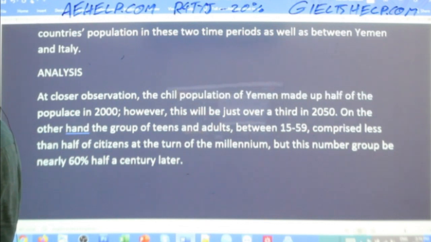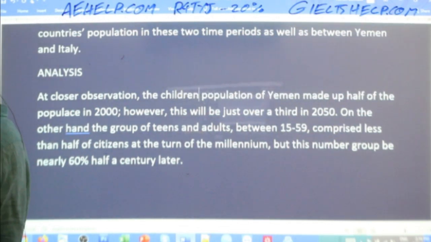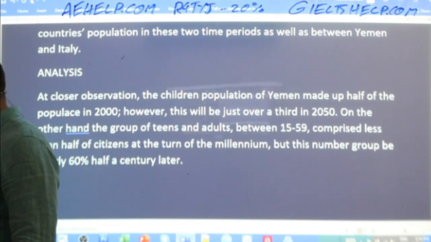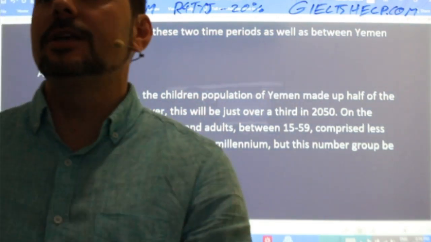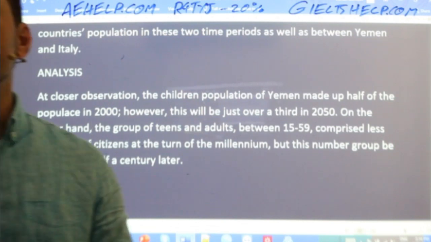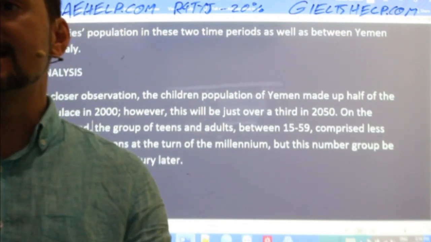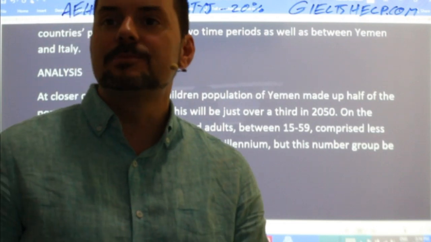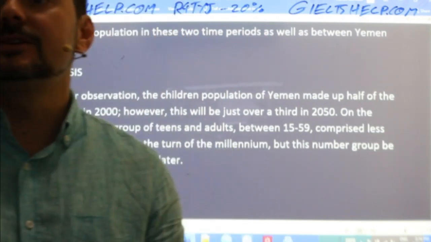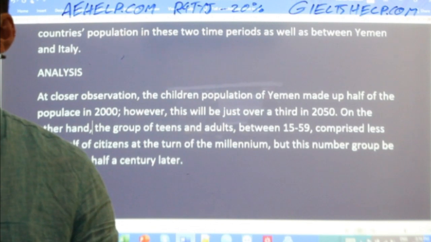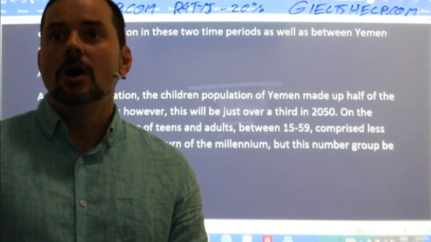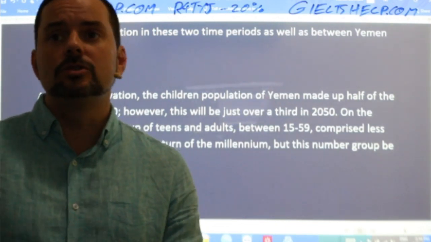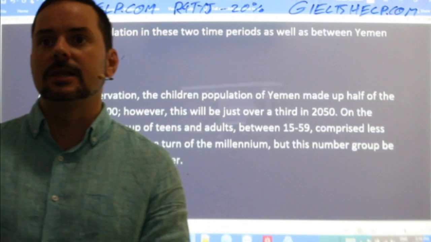Make sure you have accurate data. Yeah, so Charlie, I'm going to go back to what you're writing there. Charlie says, looking at the pie charts in more detail, we see in 2000 the percentage of adolescents and adults for Yemen is around 46%, and children is about 50%. Comma, not period, whereas in 2050, teenagers and adults increase. Okay, not bad, Charlie. Maybe split that into 2 sentences and you'll get a bit more clarity there.